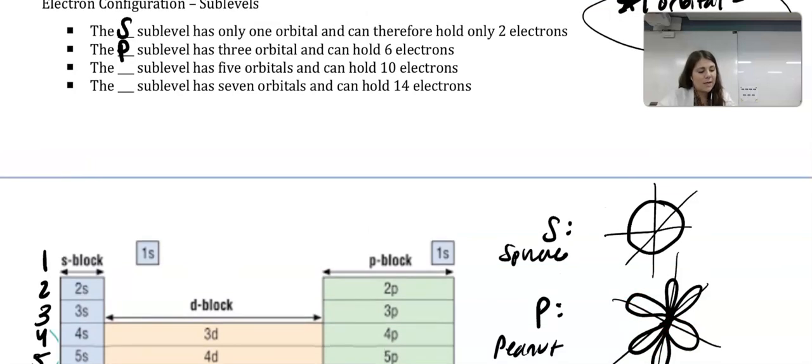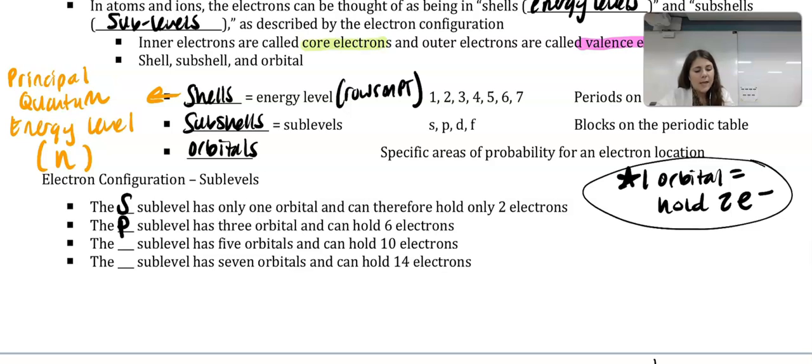And you can see there are technically 6 spots that those electrons can be. And lastly, we have the D sublevel. There are 5 total orbitals. 5 times 2 would be 10 electrons total. And lastly, the F sublevel has 7 orbitals, can hold 14 electrons.